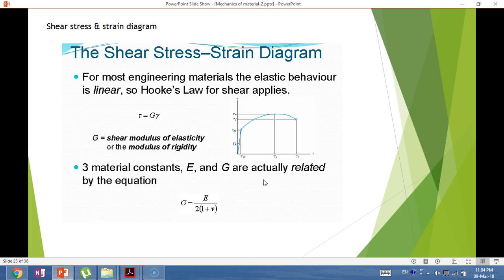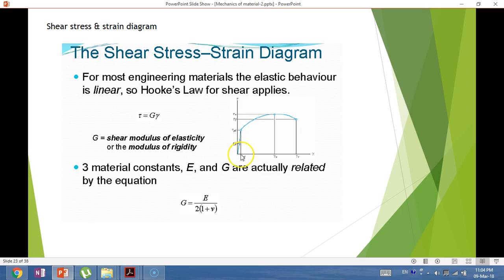Like the relation between stress and strain in direct tension, and the curve which we saw at the beginning of the lecture, we have a horizontal portion and then plastic deformation.